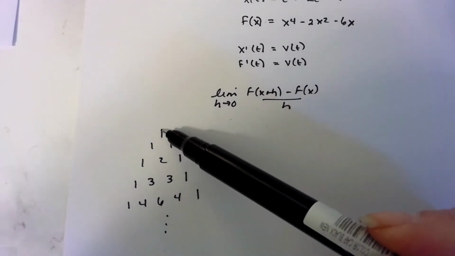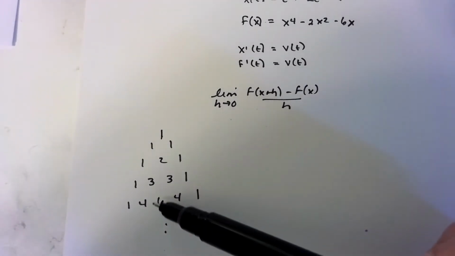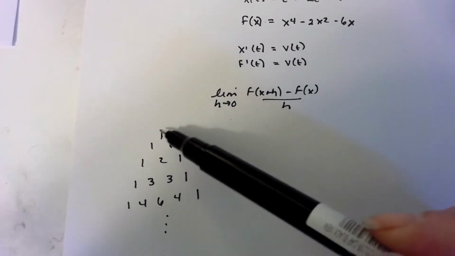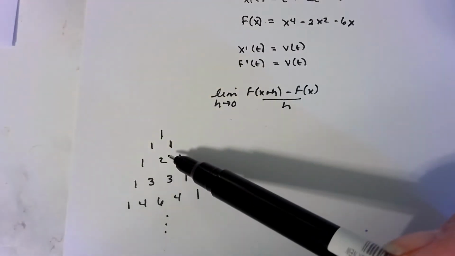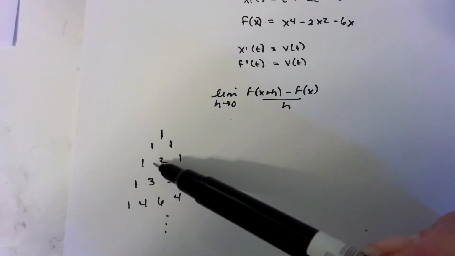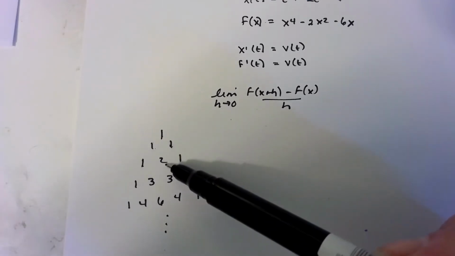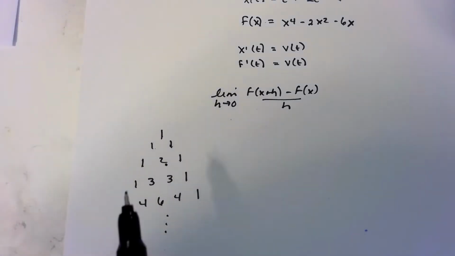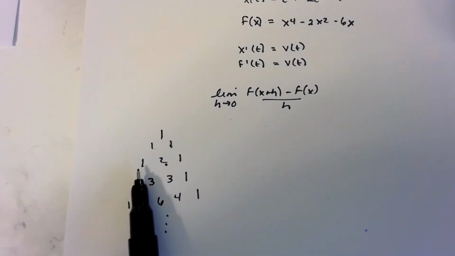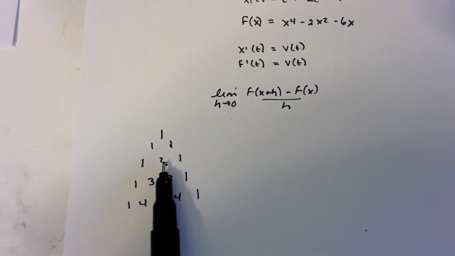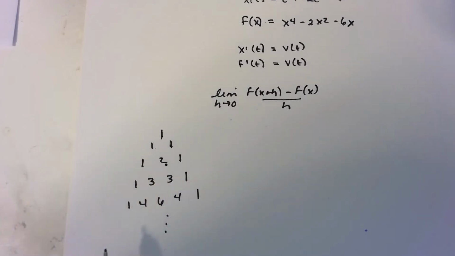So this is 1, and these two are 1s always, automatically, and I'll show you why in a second. Okay, to get the second row, I start with a 1, I do 1 plus 1 gives me 2, and then I end with a 1. For the third row, I start with a 1, I do 1 plus 2 is 3, 2 plus 1 is 3, and I end with a 1.